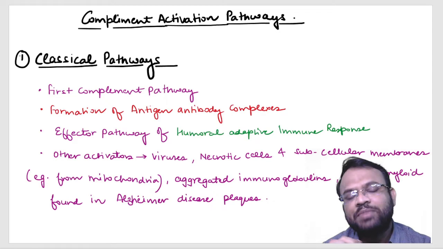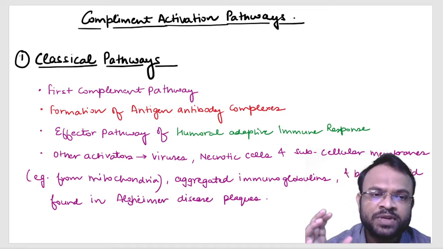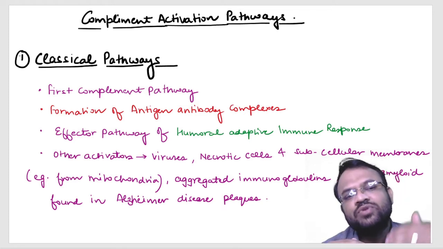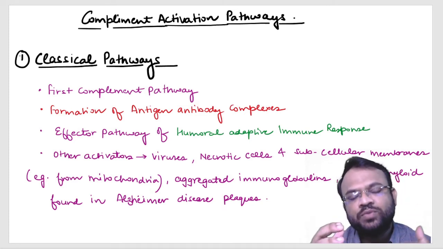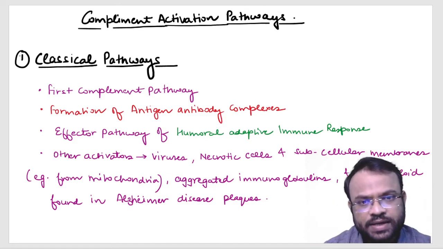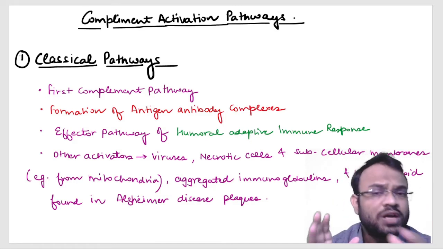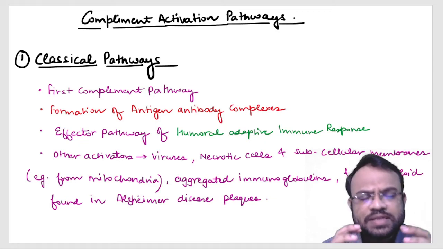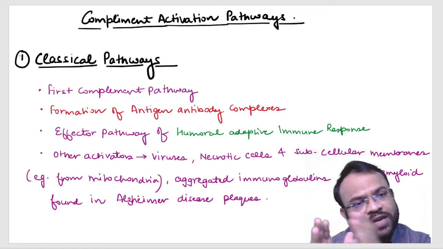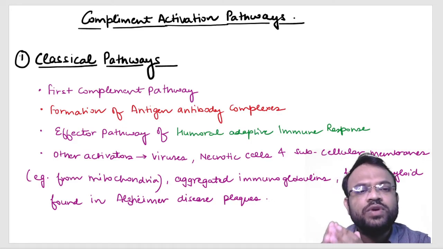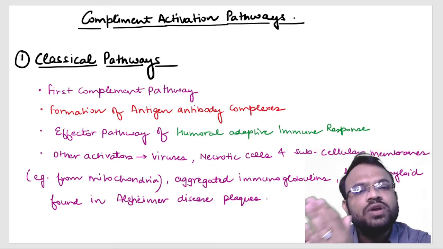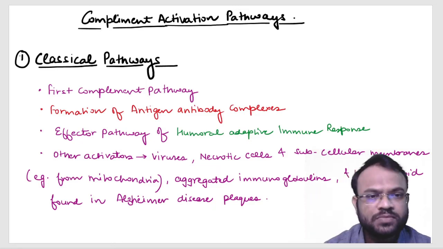Innate immunity is the immunity that you get by birth. Adaptive immunity is the immunity that you adapt, that you get in the process of your life. This classical pathway is actually serving the adaptive immune response, and going into more detail, it serves the humoral immune response.